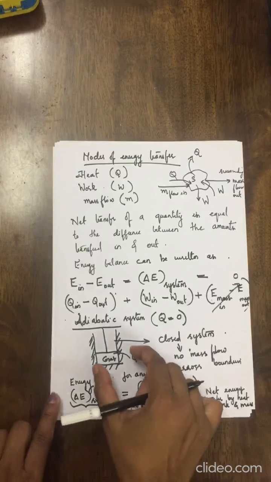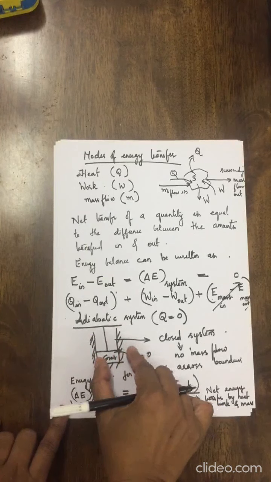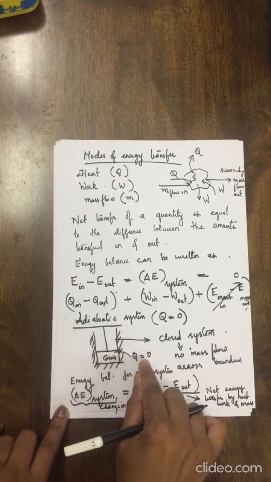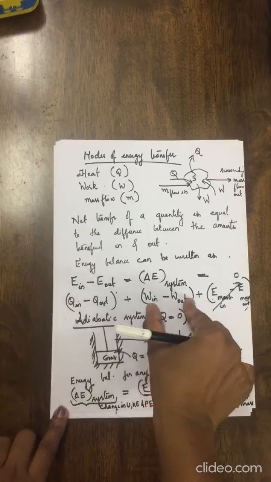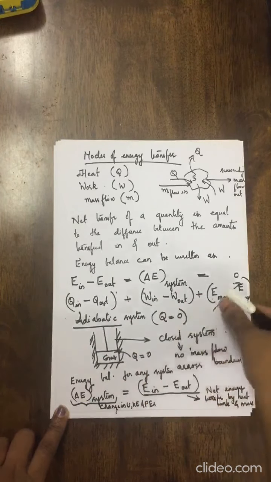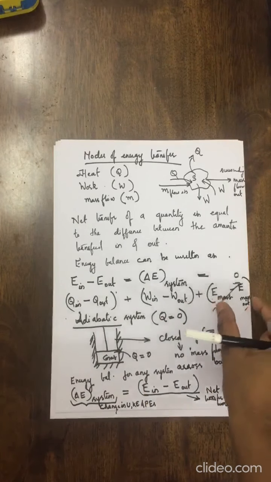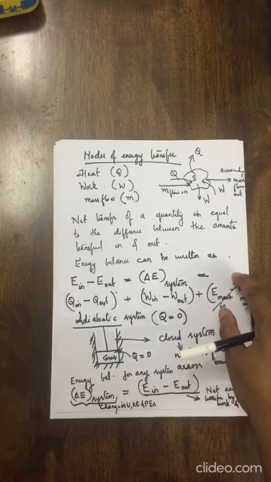So in the case of an adiabatic system, there is no heat exchange between system and surroundings. In that case, Q in minus Q out is 0. Or if the system involves no work, the second term will be 0. Or in case of a closed system, the third term will be 0 because there is no energy in and energy out along with the mass.